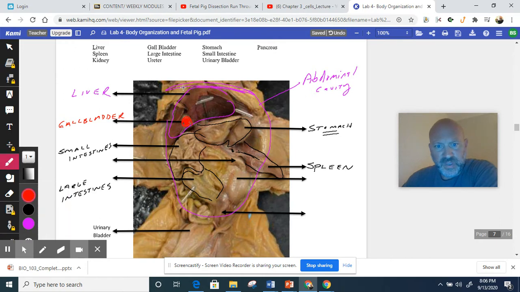On both sides, they're only showing one, but on both sides, if you pull the digestive organs out and push them to the side, deep to the intestines, you would find the kidney.